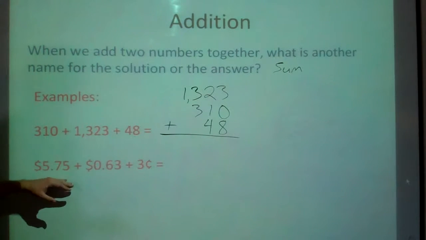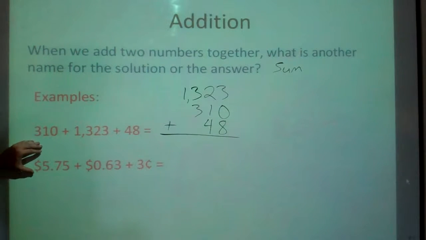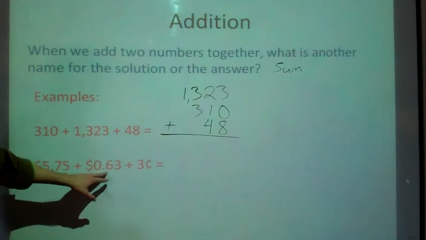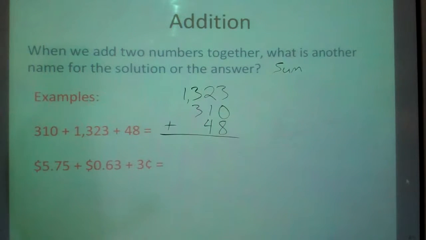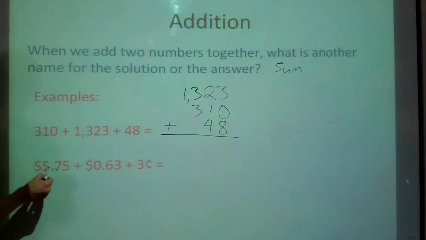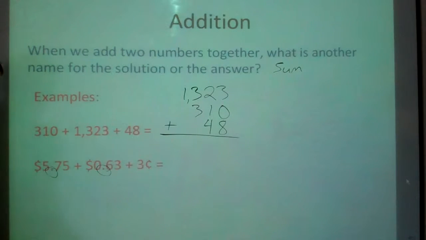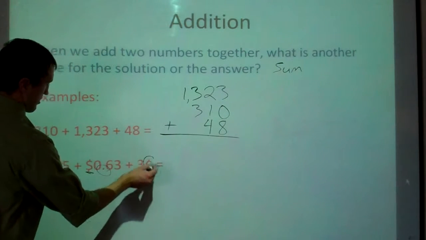575. Now we're dealing with money. $5.75, 63 cents, and then 3 cents. The big issue with this one, there are 2 things we need to point out. Now we have some decimals, but the other thing is that we've got dollar signs. We also have cents signs.